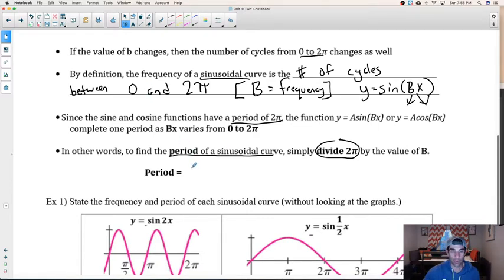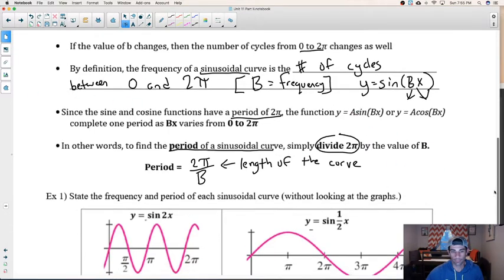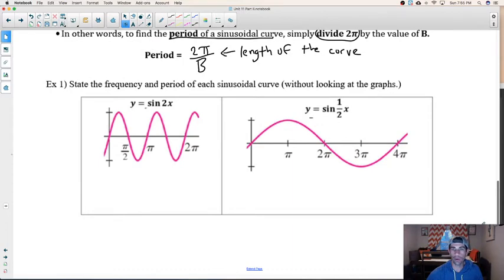So that's going to be 2 pi, that's one period, divided by our frequency, how many times that takes. And this tells me the length of the curve. As we do some examples and you can physically see it, it gets easier to understand. So here are two graphs.